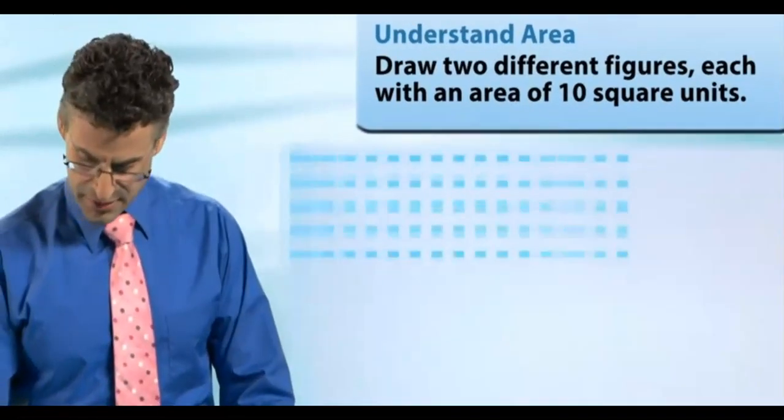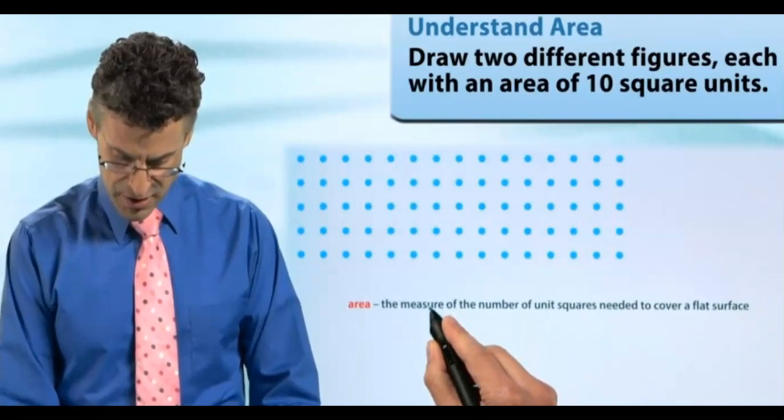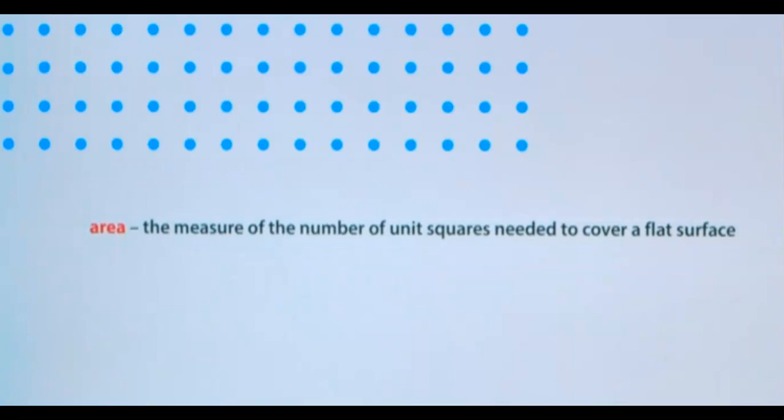So first of all, what is area? Area is the measure of the number of unit squares needed to cover a flat surface.